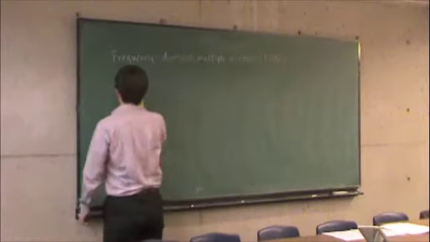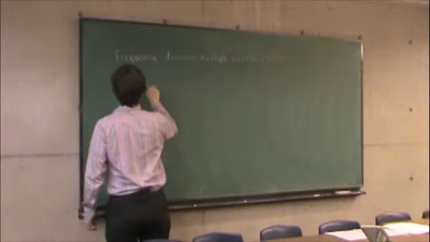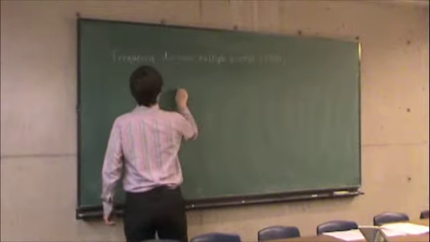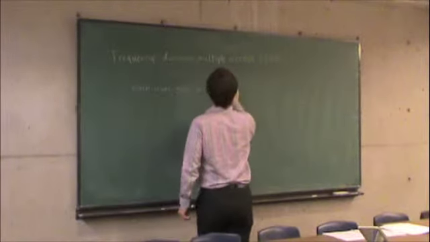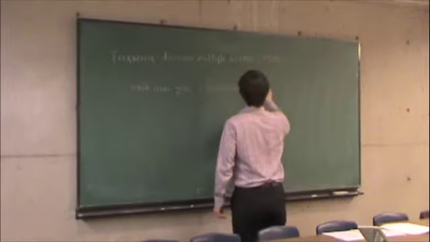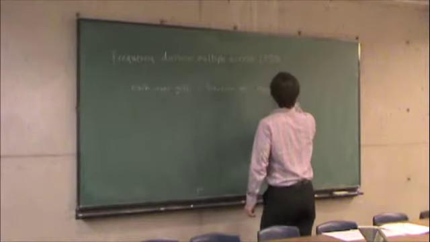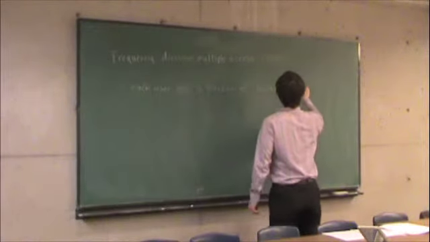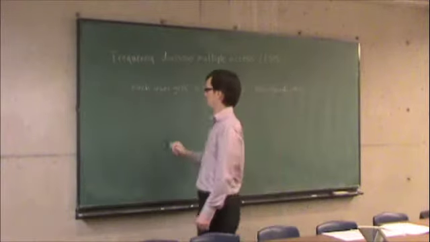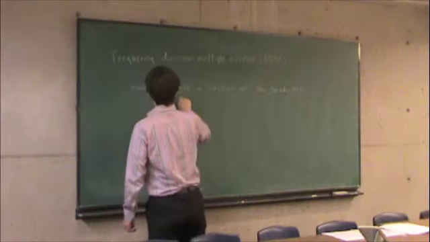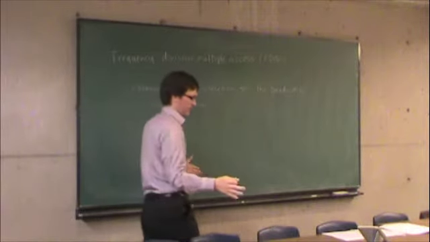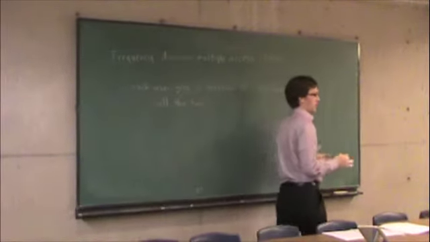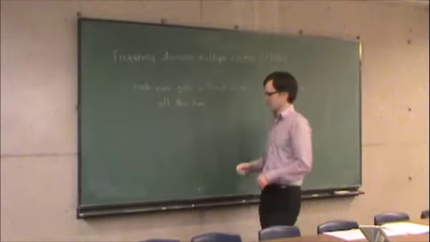Basically, there the philosophy is each user gets a fraction of the bandwidth all the time. So in other words, I'm going to take the available bandwidth in the frequency domain, divide it up, and give each user a chunk. So here's an example.